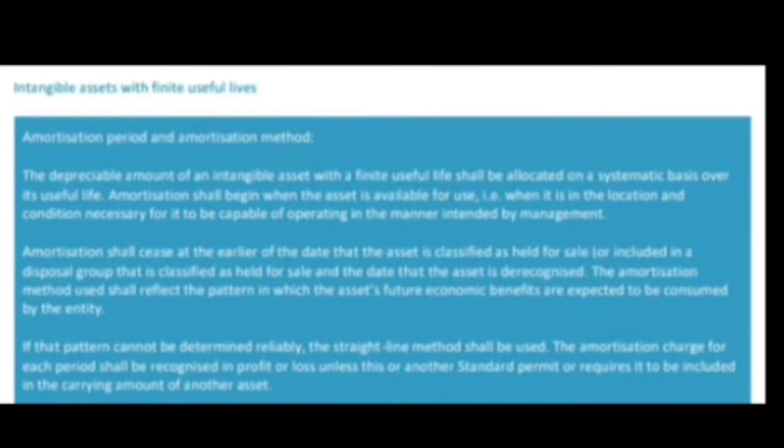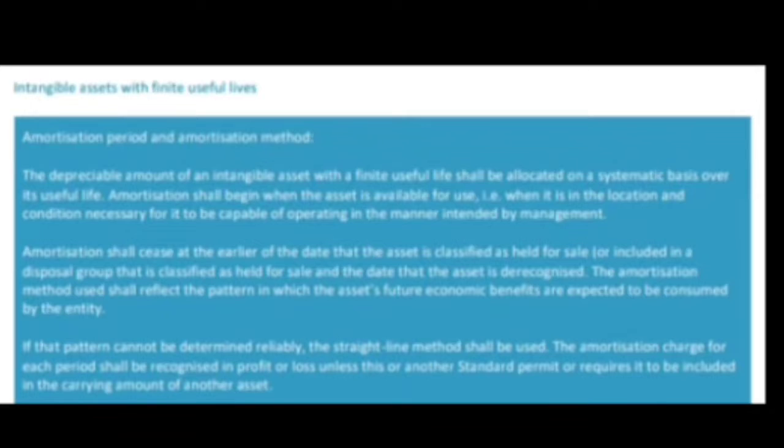Then if no pattern is selected for calculating the amortization, it shall be amortized using the straight line method. Now what is the straight line method? We have discussed it while discussing depreciation. You can go there and see the methods of charging depreciation, but let us discuss it again.